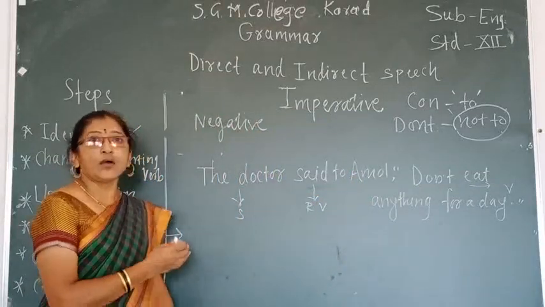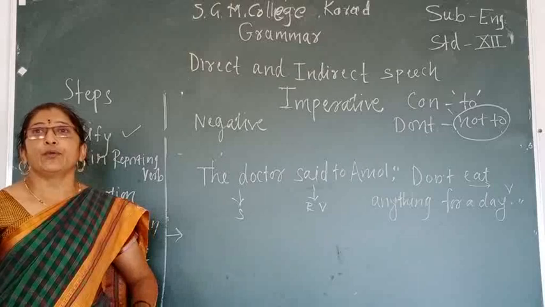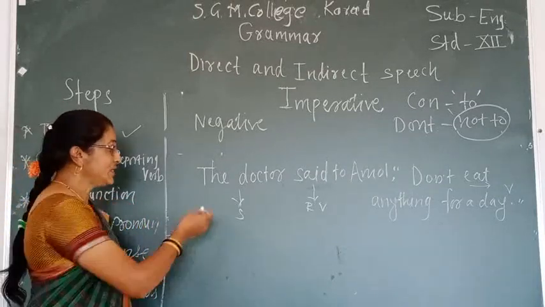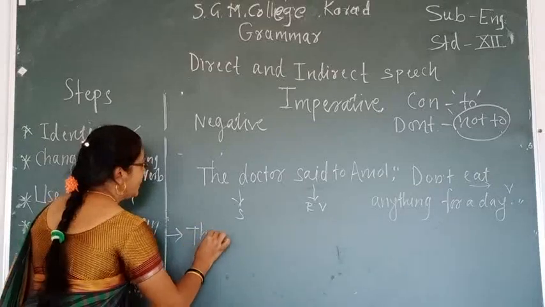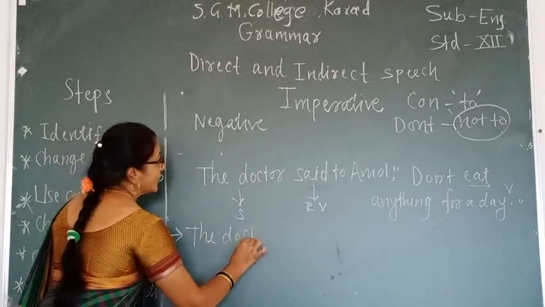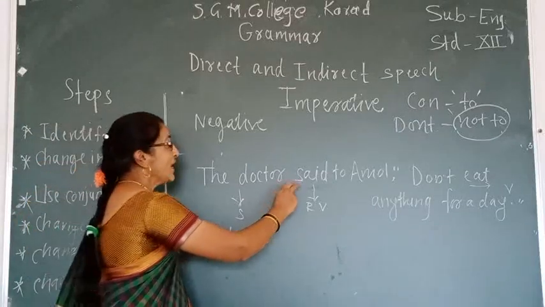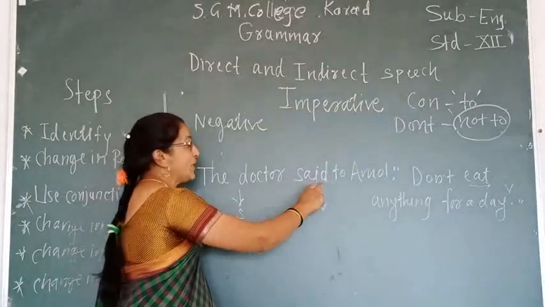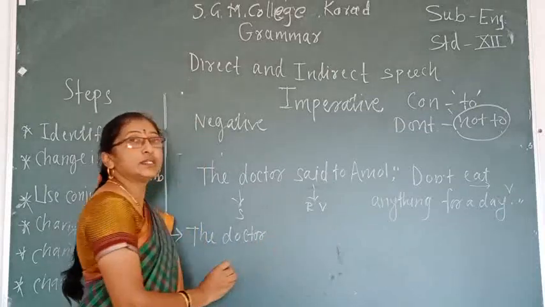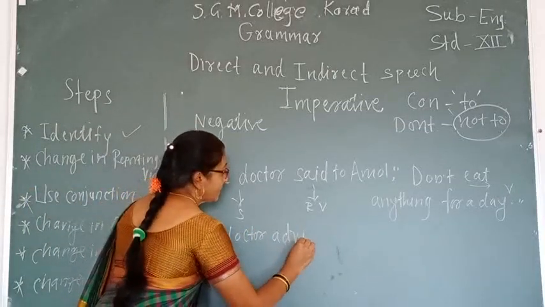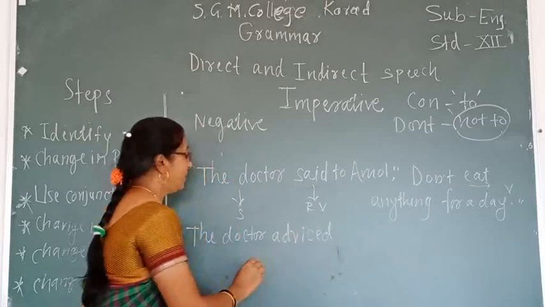Now look how we will change this sentence into indirect speech. First the subject remains as it is: the doctor. A doctor always advises, so instead of the reporting verb said to, we use advised, Amol.